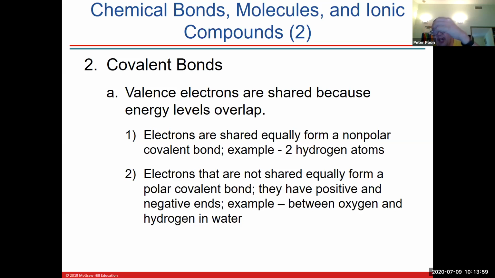The hydrogen, because it loses the electron most of the time, will be positively charged. So when you have a water molecule, you have one side that is negatively charged and one side that is positively charged. That makes it polar. Polar means the two sides are not equal.